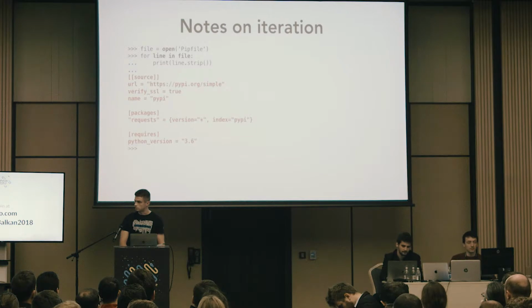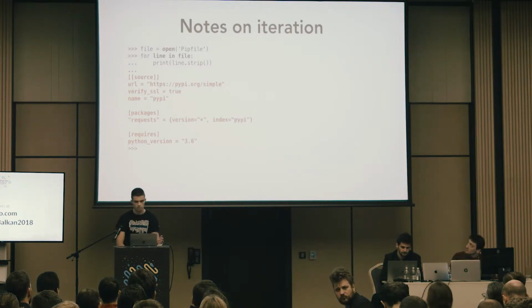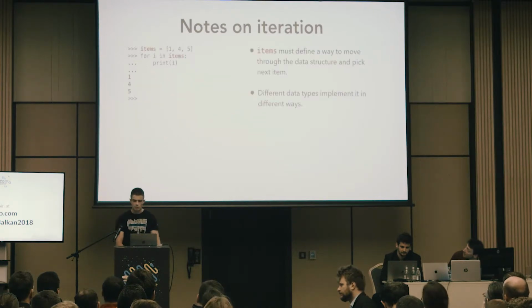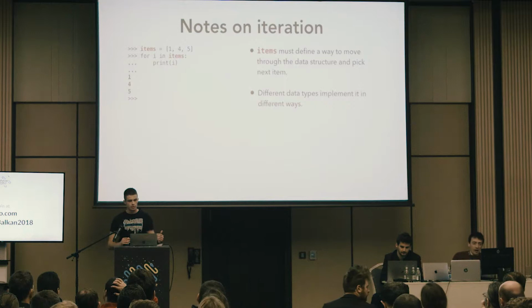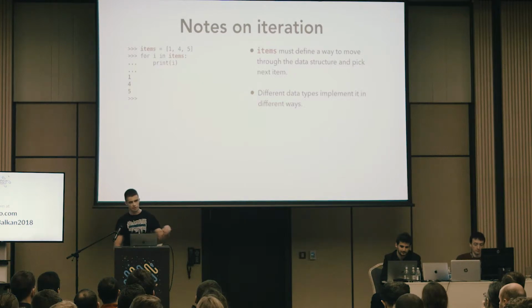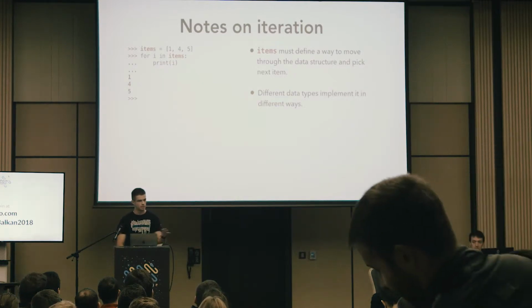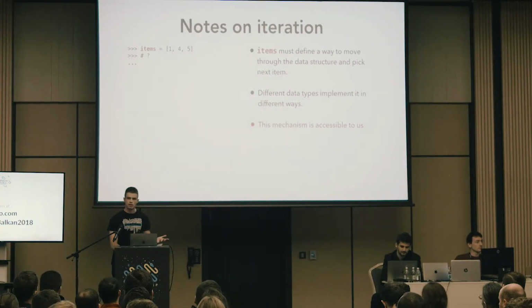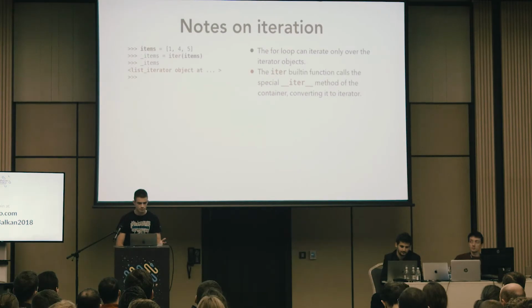If you use files, as in the actual file object, you get lines from the text file. So whatever those items are, the iteration protocol that drives them is implemented on the side of the object itself rather than the for loop, because different data types implement this in a different way. So what is this mechanism and how do we use it?